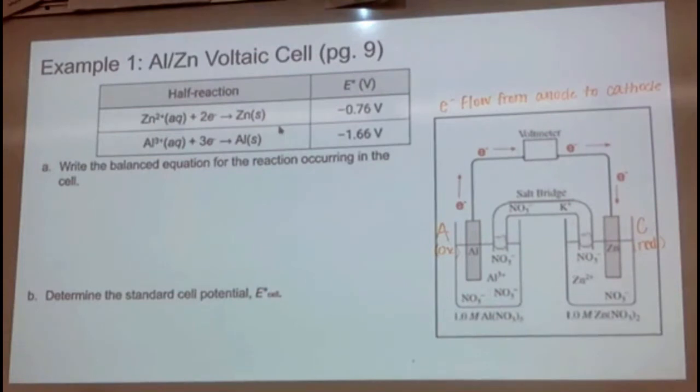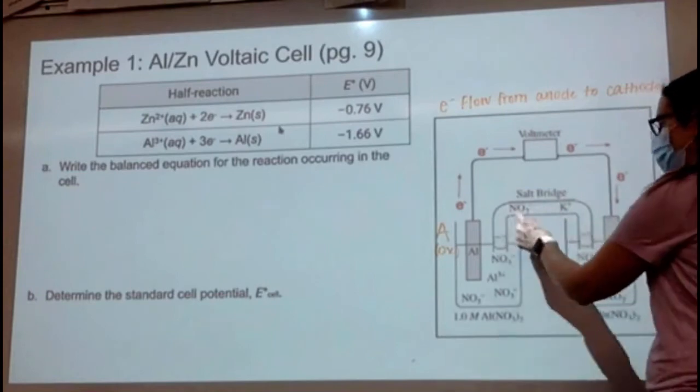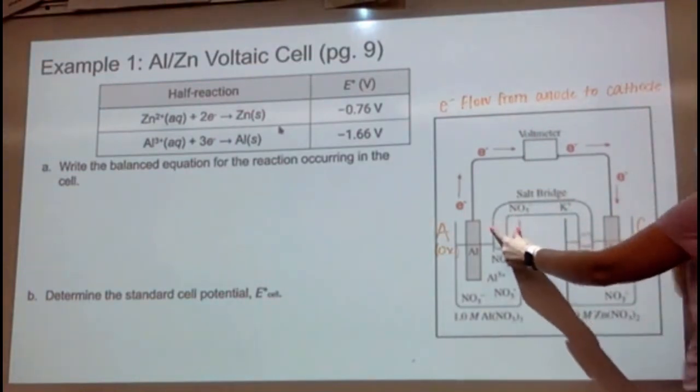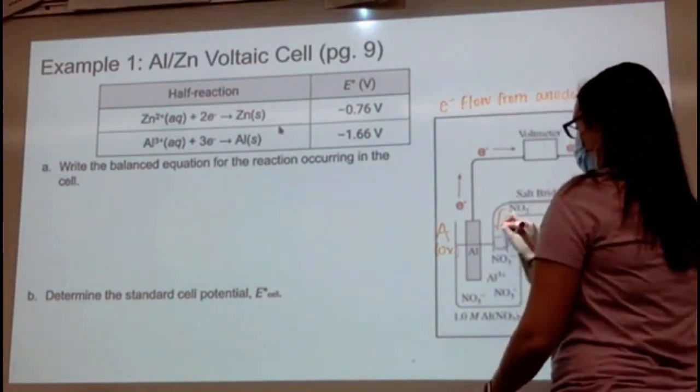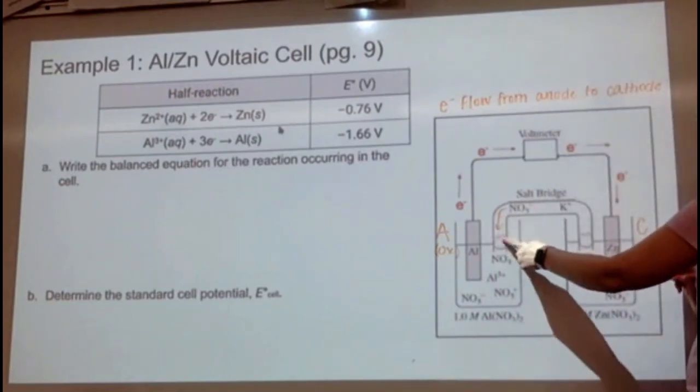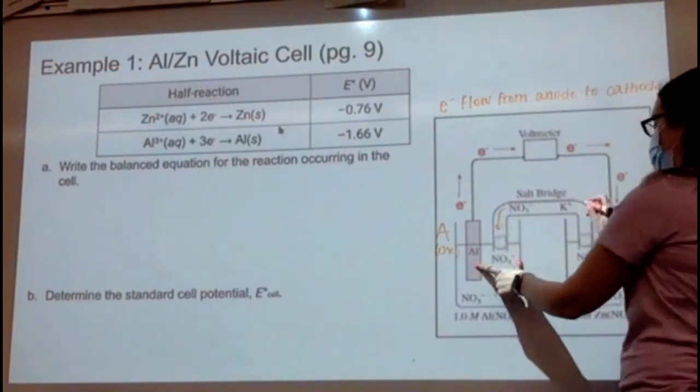Now, here's another way that we could have recognized this if they didn't give us the electrons. And sometimes this is just a small way for us to identify, but notice how NO3 minus is closer to this half cell. NO3 minus is moving down toward the left half cell.